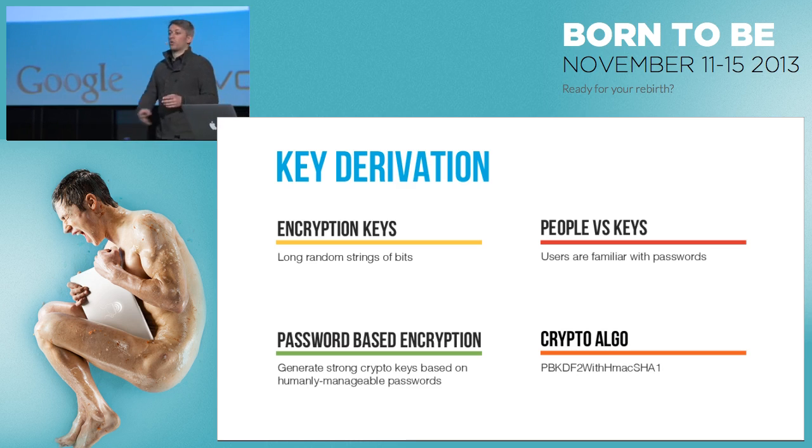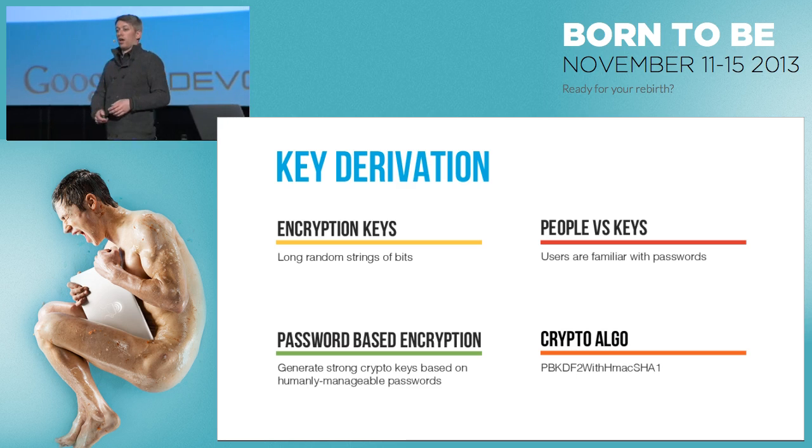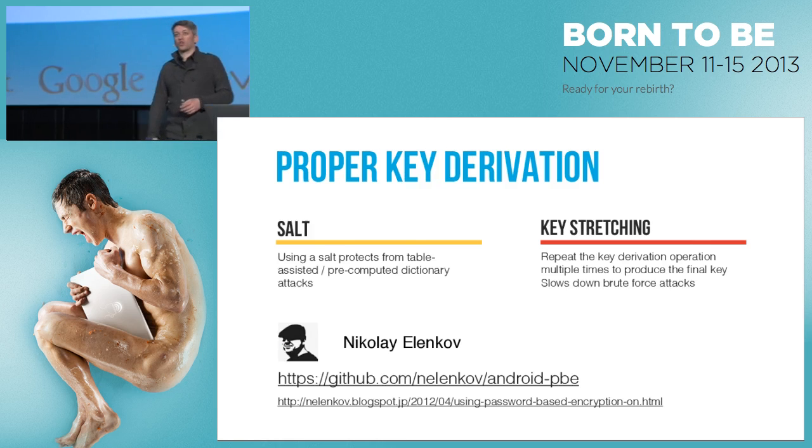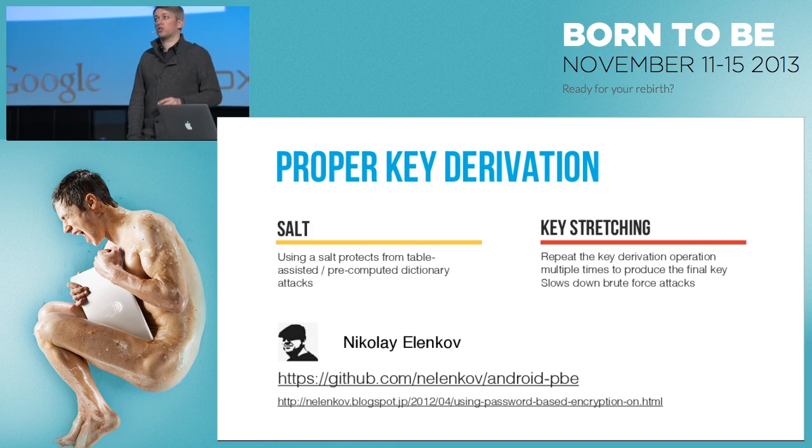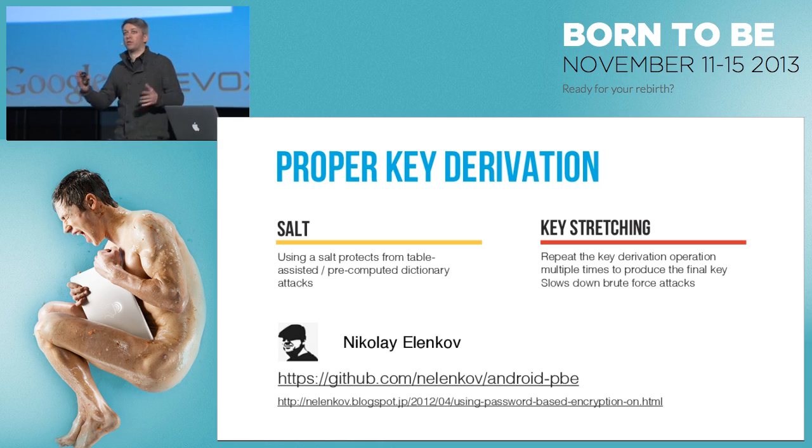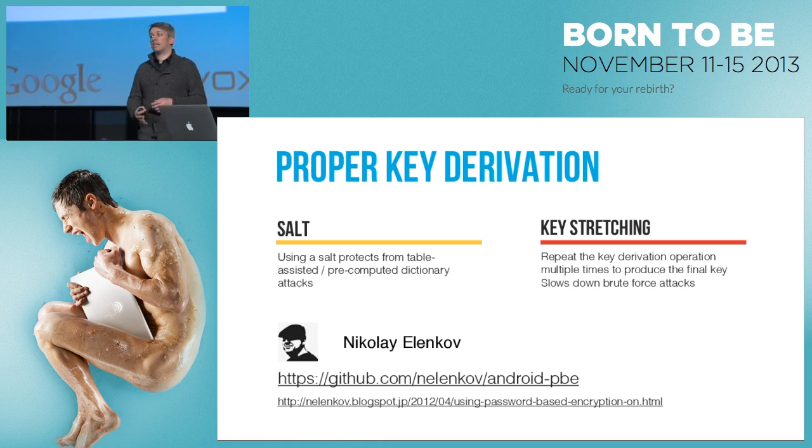On Android, if you read through all the documentation, you will end up, hopefully, with this crypto algorithm. So proper key derivation should have two features. The first one is, it should always be salted, so that you prevent the use of rainbow tables, so that it should never be easy for an attacker to have a whole table where he can look up.